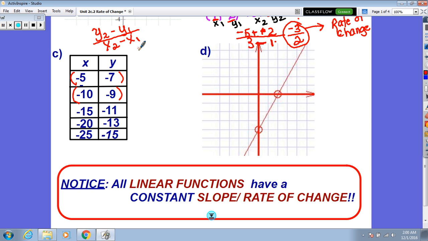And so this will be x and y, x and y. These will be the 1s because they are the first point. These will be the 2s because they are the second point. All right, now I'm ready for my formula. What 2 numbers am I subtracting on the top?